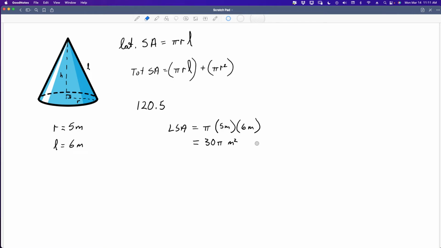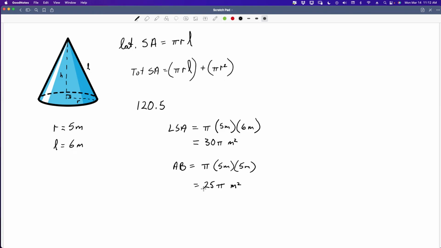Actually, let's do this separately, just so you keep it straight. The area of the base is equal to pi times 5 meters times 5 meters. All right, so that's going to equal 25 pi meters squared.